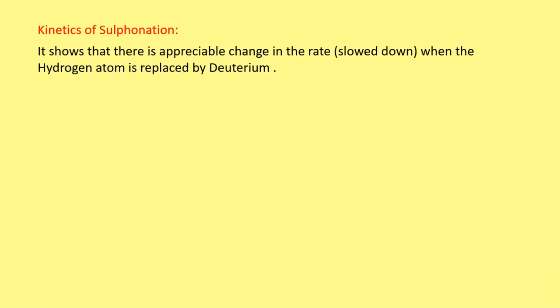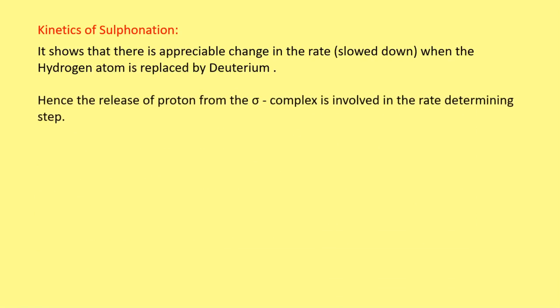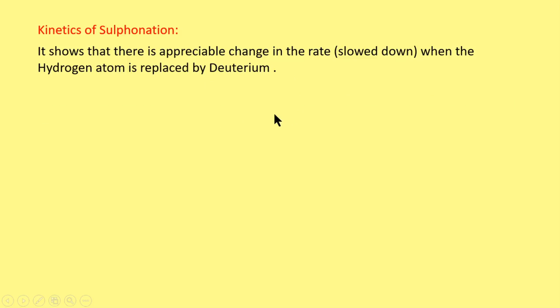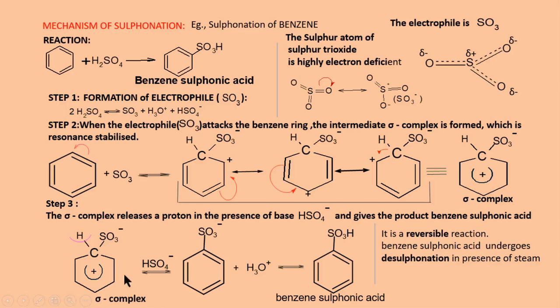Now when we consider the kinetics of sulfonation, there is an appreciable change in the rate, that is, the rate of the reaction is slowed down when hydrogen is substituted by deuterium. Hence the release of proton from the sigma complex is involved in the rate determining step. So let us consider the previous one.